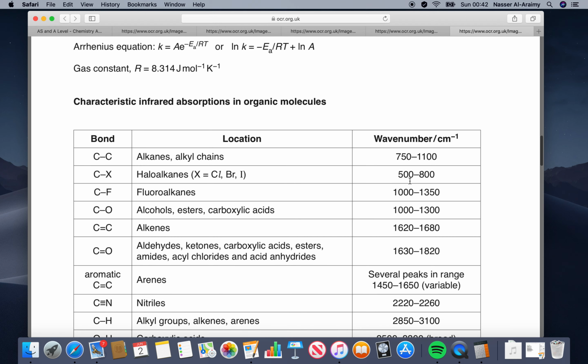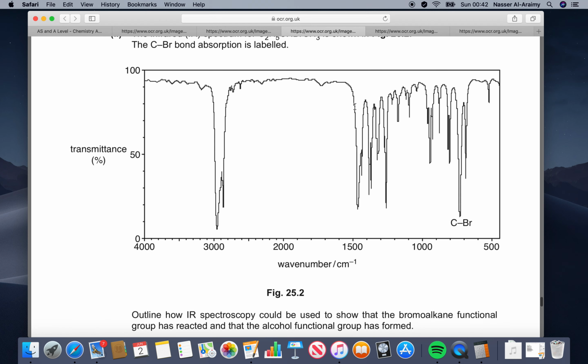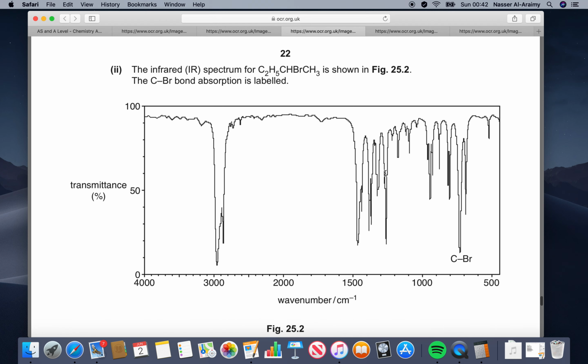So you're matching up with your data sheet and you see what absorptions are happening where.